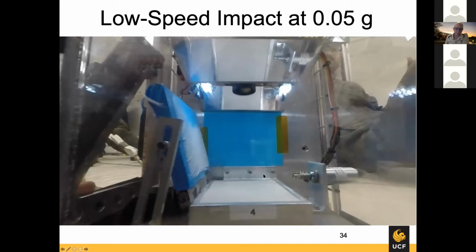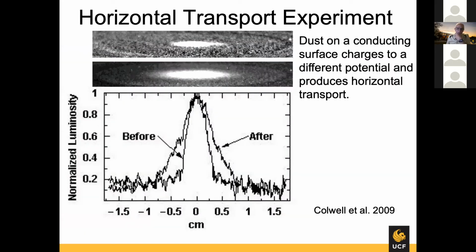For this particular experiment, the plane was flying a 0.05 G parabola. We launched the impactor into it at about 1 meter per second or so, and then we just measure the ejecta velocity. We've done this over and over again for lots of different impactor speeds and also lots of different types of materials, to get a relationship between the ejecta velocity and the impactor velocity.